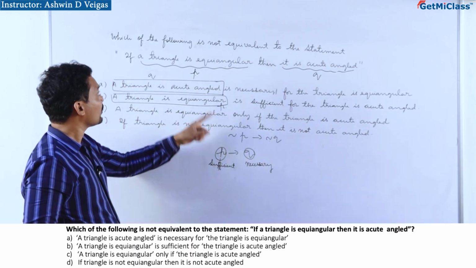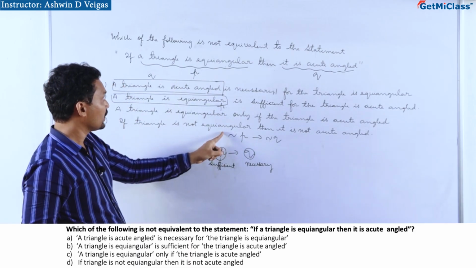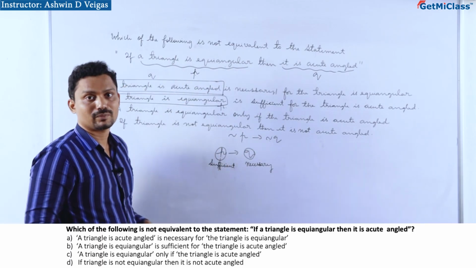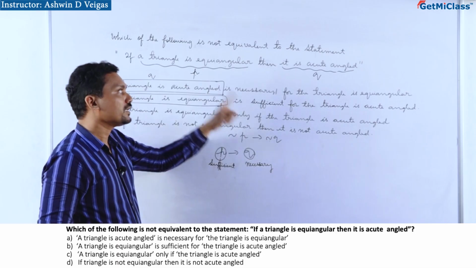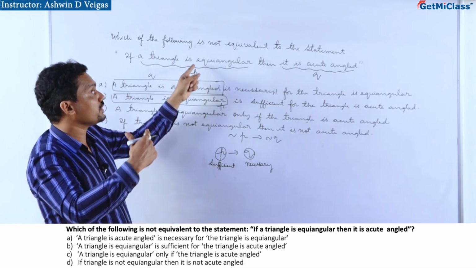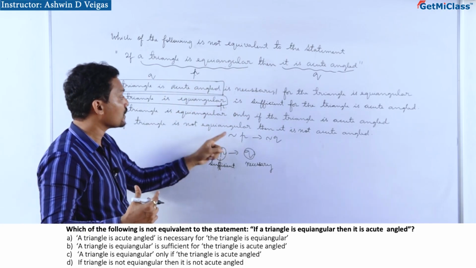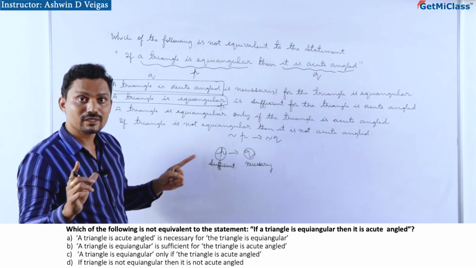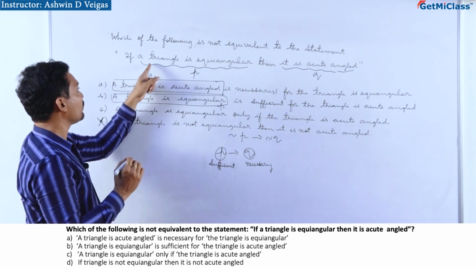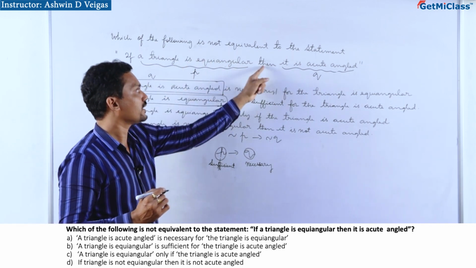So, in option 4 they have not written the statement, they have written the inverse of the statement. The inverse of the statement is always not equal to the statement; only the contrapositive is equal to the statement. Therefore, option D is not meaning the same as this statement.